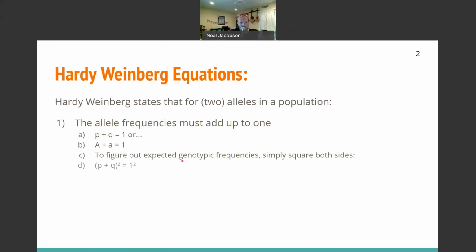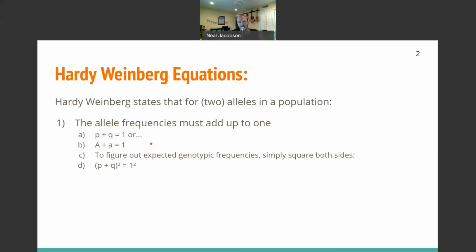So another way that you can do this is using the FOIL method. If I want to figure out genotypic frequencies, I'll simply square the frequencies of both alleles. So I'll square both sides of this equation, which you can do in math.